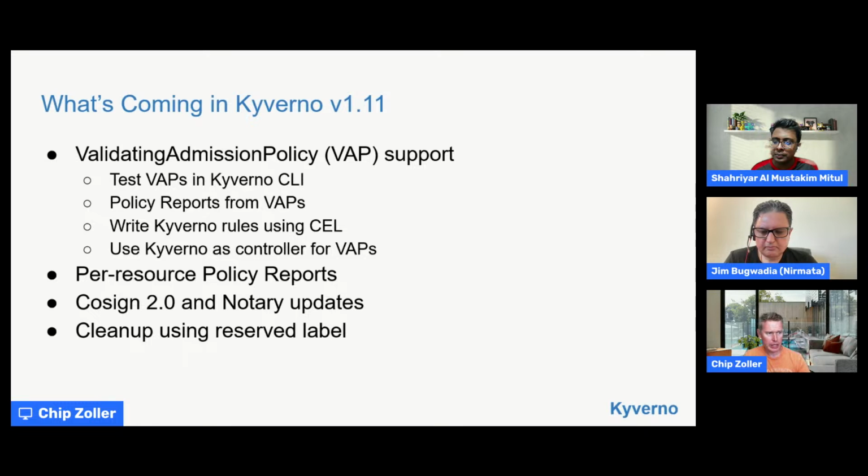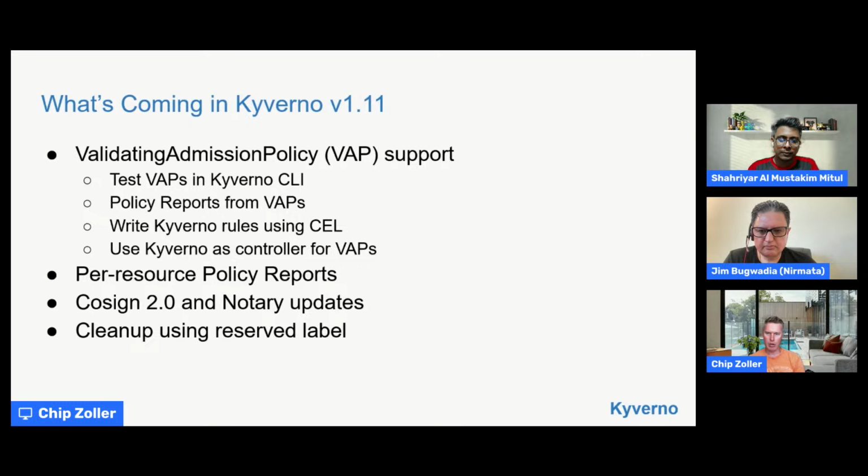Going on to the next thing there, per resource policy reports. So I already explained a little bit about policy reports. Today, Kyverno generates policy reports on a per policy basis. We want to potentially remove some of the bottlenecks with policy reports and also make them a little bit more performant, less resource intensive, and require less space in etcd.